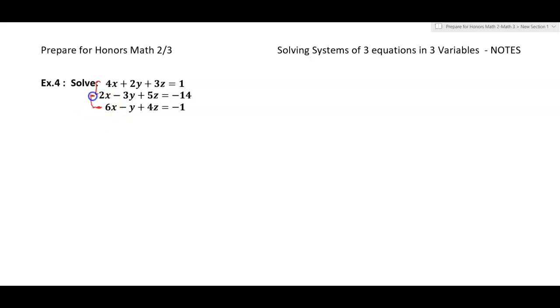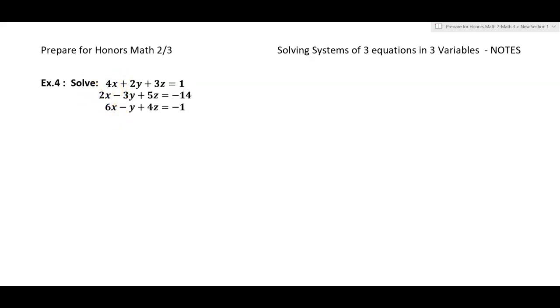Well, I could use the middle and the bottom. I could also use these two equations to eliminate y's, and then use these two equations to eliminate y's. It doesn't matter which way you go, as long as you use all three equations and eliminate the same variable.